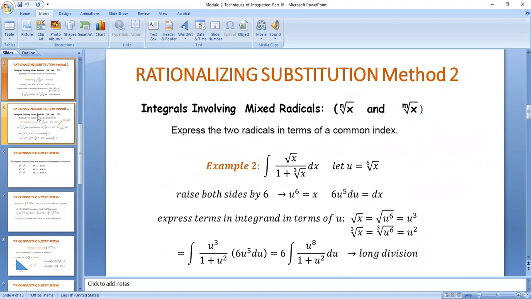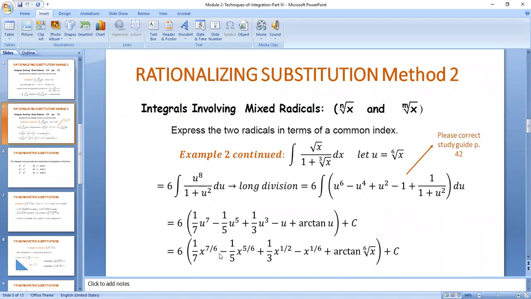So that's what we did here. Your u was represented by x raised to 1/6. However, since it's raised to 7, you multiply the exponent by 7. So it's now 7 over 6. In here, it's 5 over 6. This one, you will have 1/6 times 3. 1/6 times 3 is 1/2.